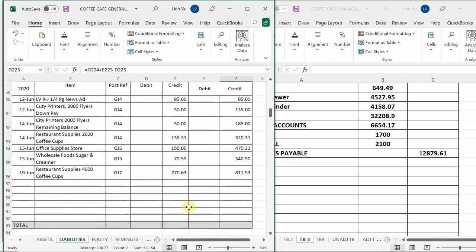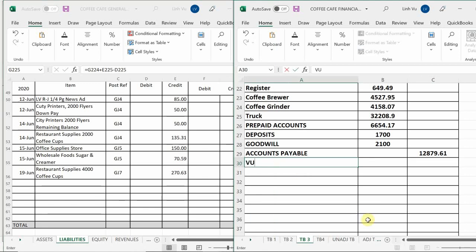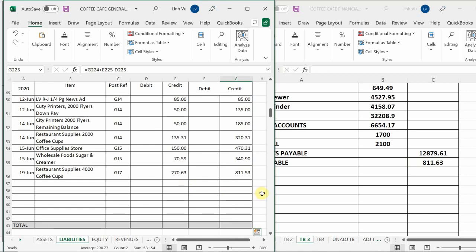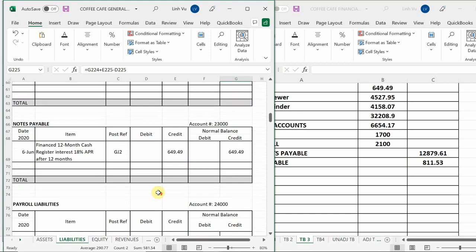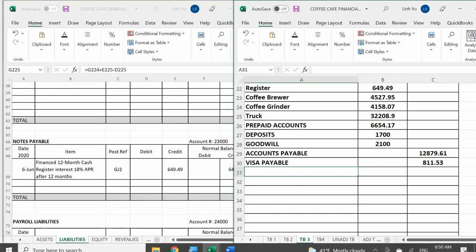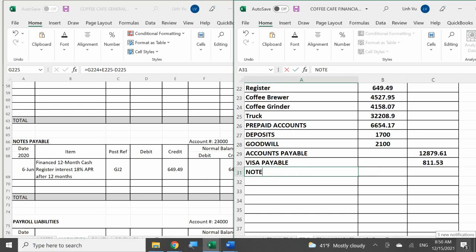We have Visa payable next, 811.53. Oh, 53, not 6. Okay. Notes payable, 649.49.